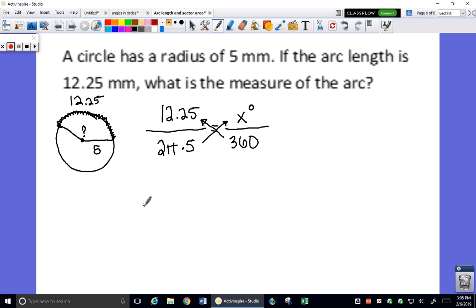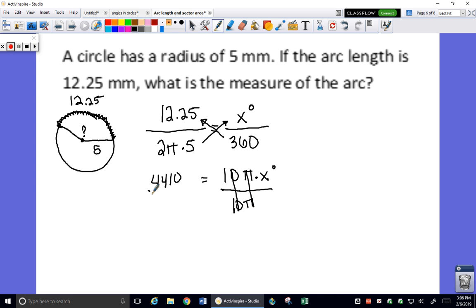12.25 times 360 is 4410. And 10 pi x on the right side. And I cross multiply 2 times 5 is 10 with the pi. And then to get x by itself, I'm going to divide both sides by 10 pi all at once.